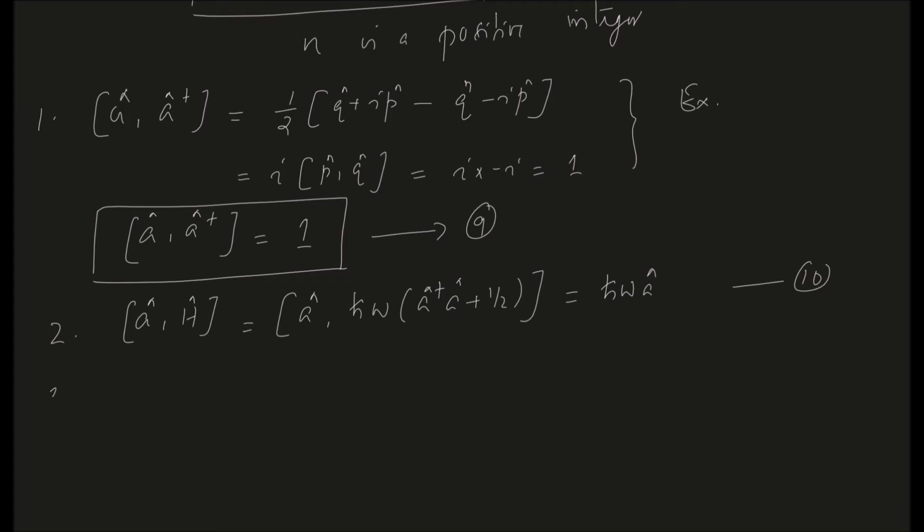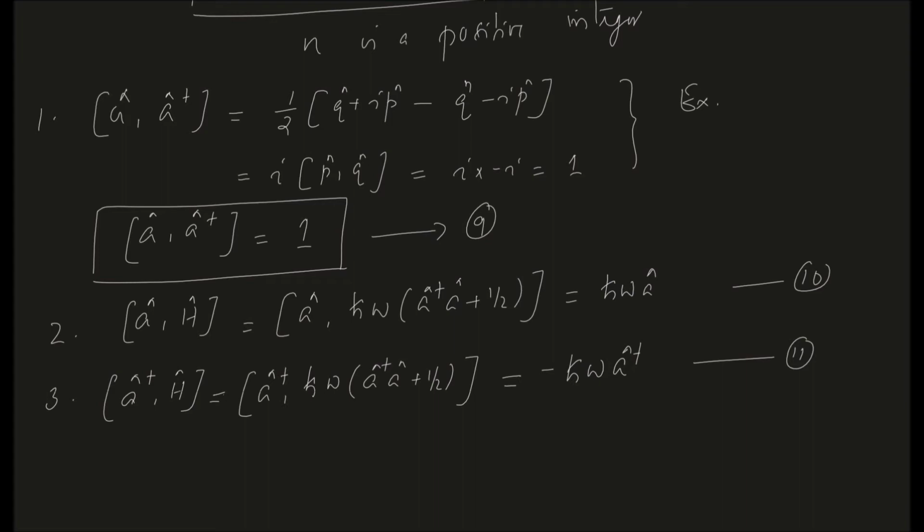Now the third commutation relation that we are looking for is between A dagger and H. So it is the commutation between A dagger and, in place of H, ħω(A dagger A + 1/2), which you have to prove will give you minus ħω A dagger.